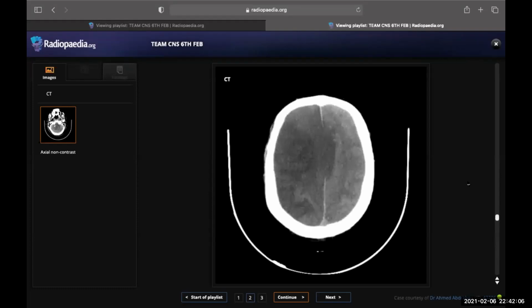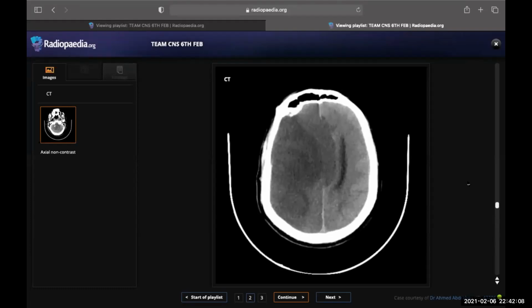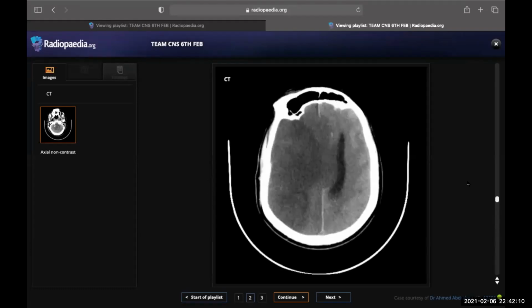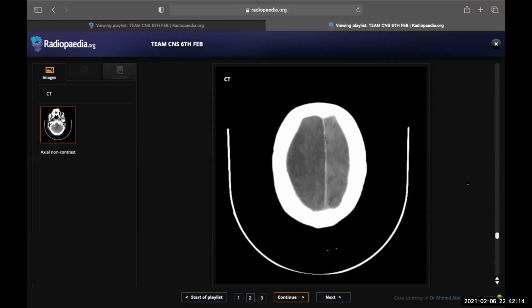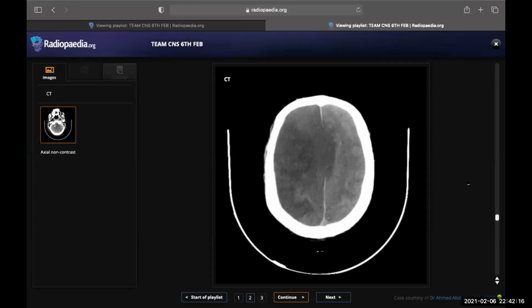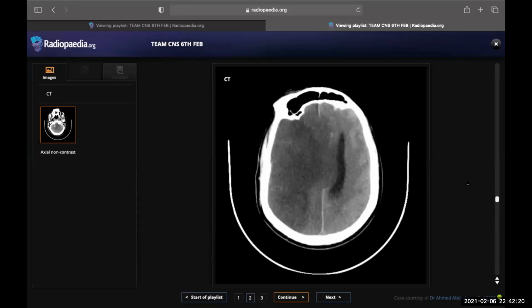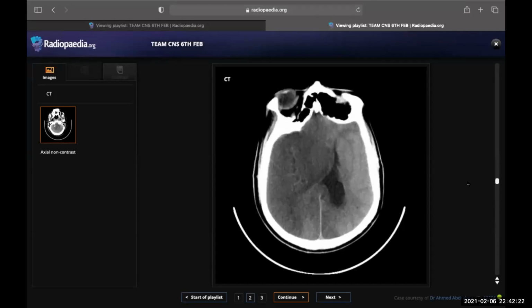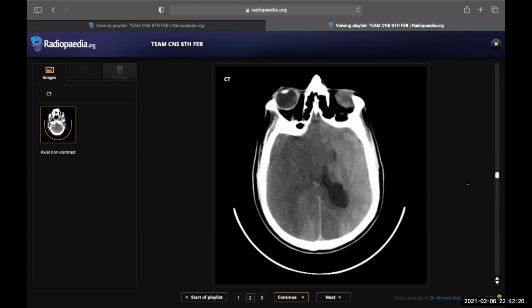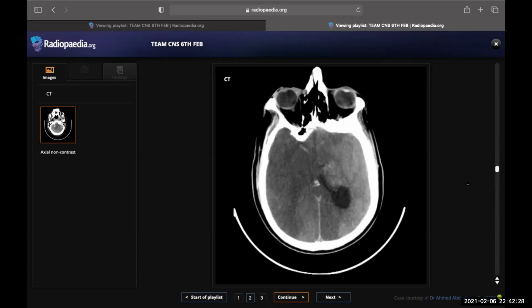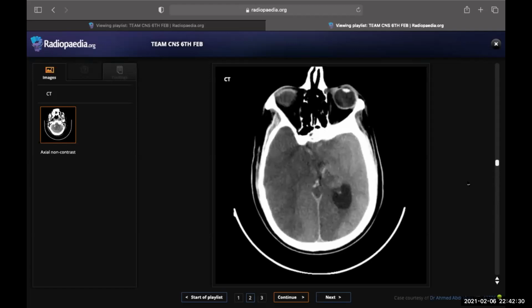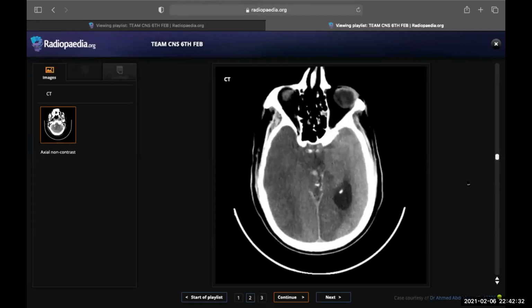I can see that there are patches of hyperdense lesions, but it's mainly hypodensity on the right cerebellum with mass effect and midline shift. I cannot see the right lateral ventricle clearly.